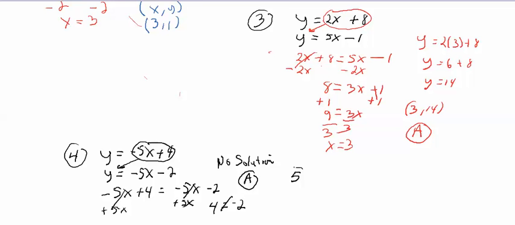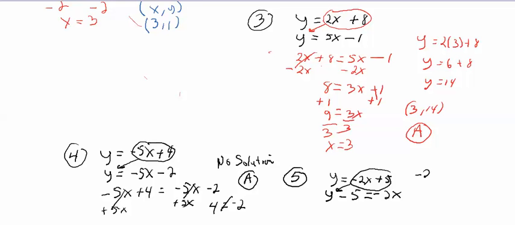Number 5. Again, one solution, no solution, or infinitely many. Again, substitution method is going to be the easiest way to do this. If you want to use elimination, you can. I am going to substitute this, and I'm going to put it right here. So I'm going to do that over here.